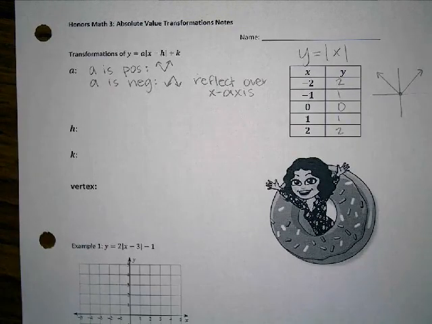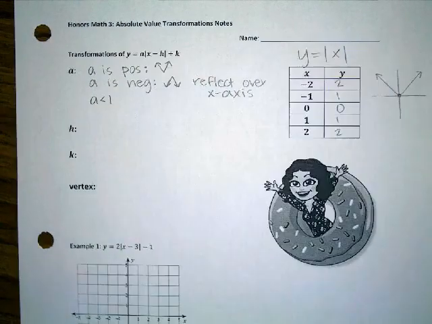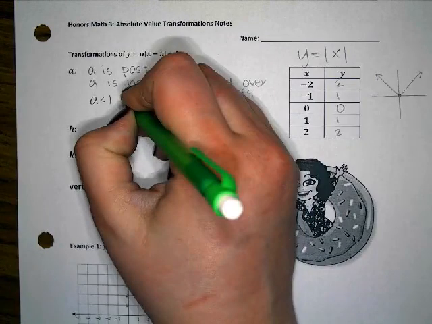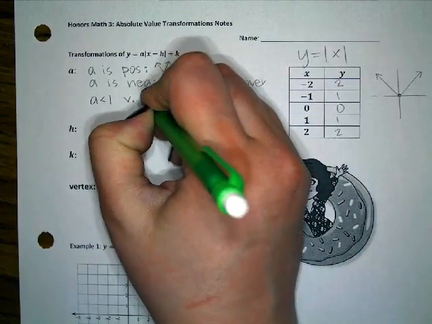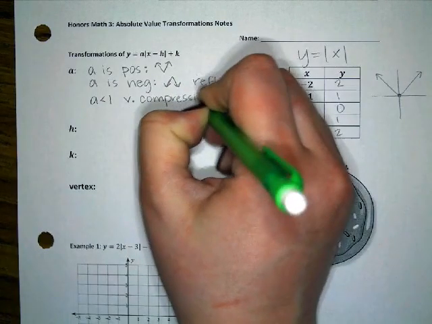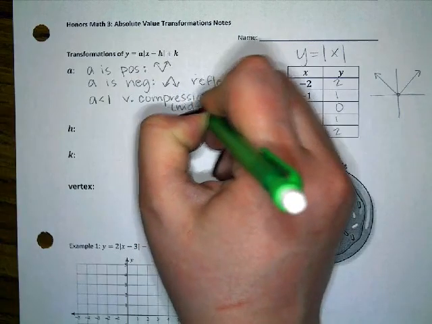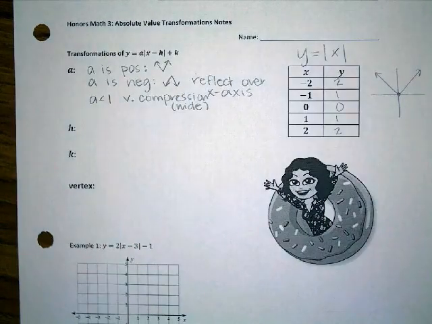So we're going to say if the A value is less than 1, not 1 exactly, but if it's like a decimal or a fraction and it's a smaller number, then this is called a vertical compression. And this makes, I wrote in my own notes, this makes the graph look wide, okay?